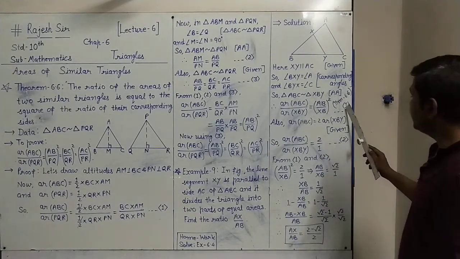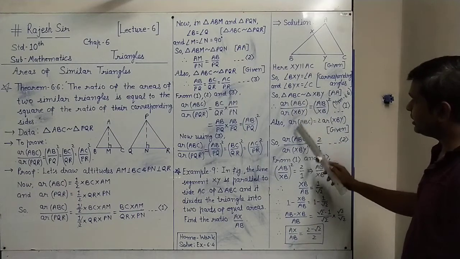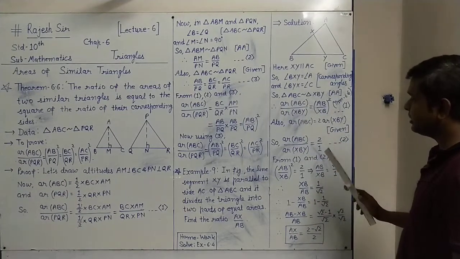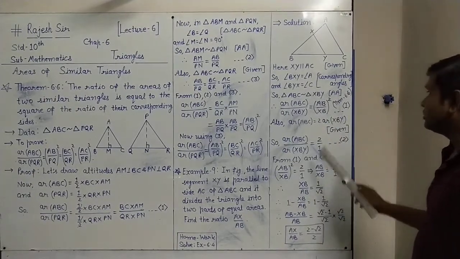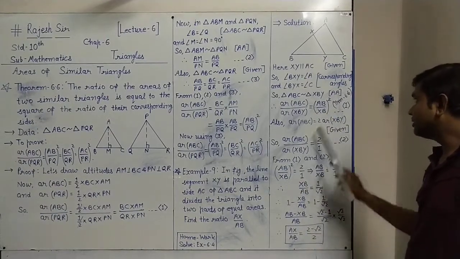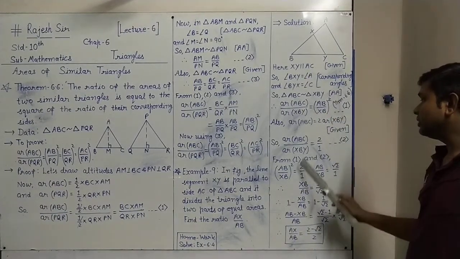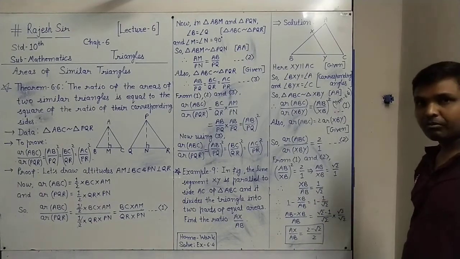Now we have result 1 and result 2. In both, the left side is the same: area of triangle ABC upon area of triangle XBY. So you can compare the right parts from 1 and 2. AB upon XB the whole square on the right in result 1 equals, in result 2, 2 upon 1.